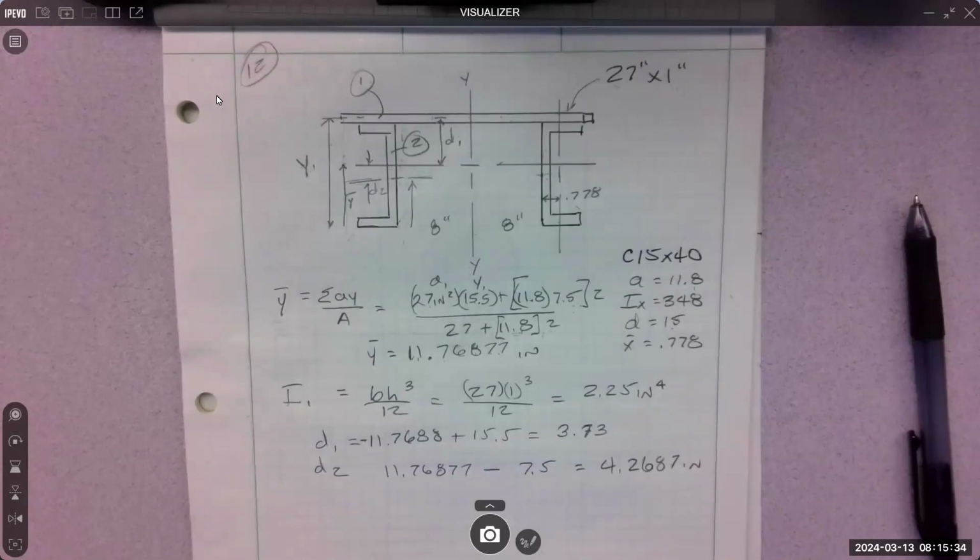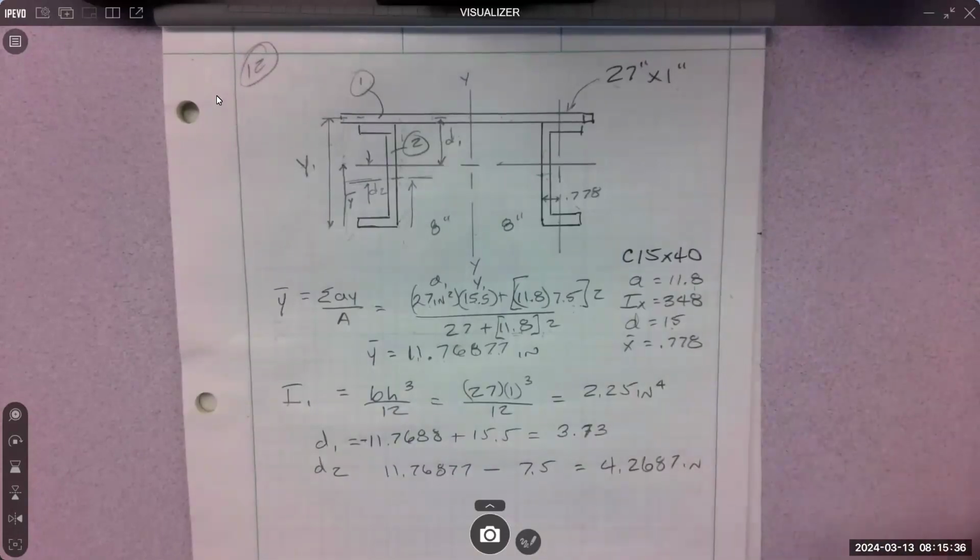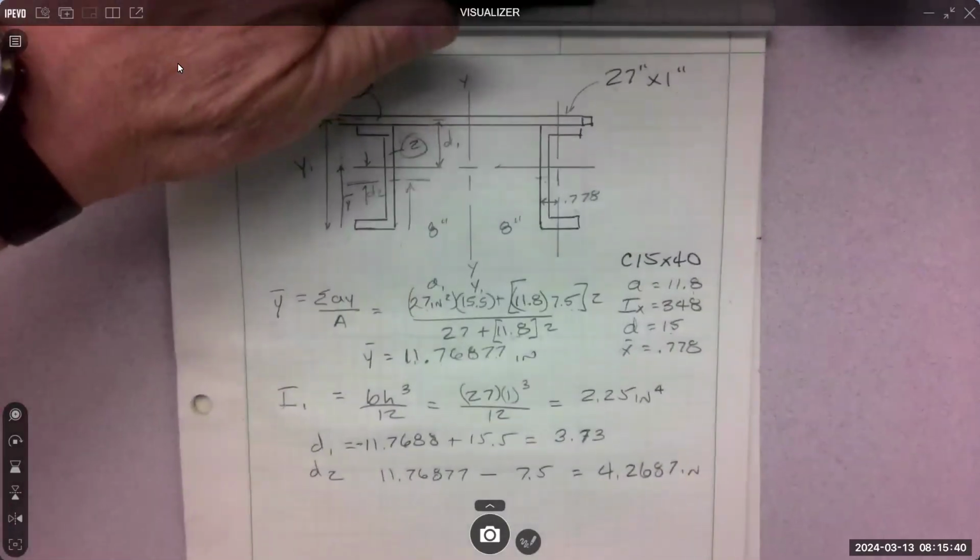And now we do what? We transfer, yeah, the transfer formula.